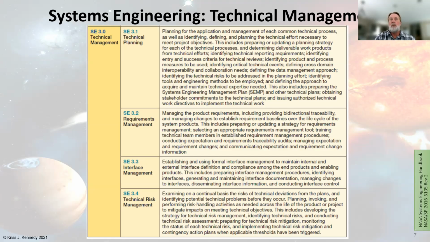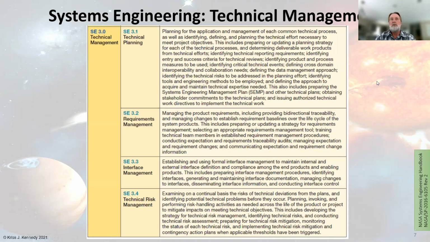So part of it requires determining the deliverable work products from a technical effort, identifying technical reporting requirements, identifying entry and success criteria, evaluation criteria, the product and process measurements that you would use, and so on.